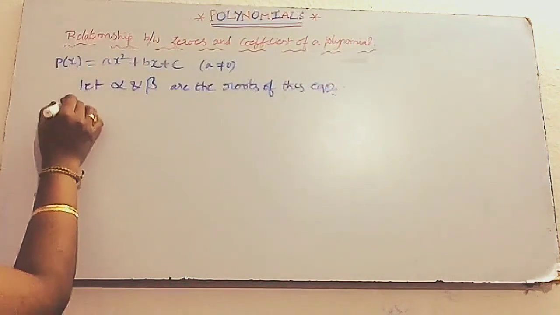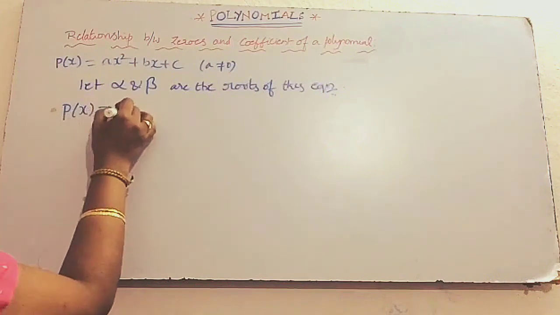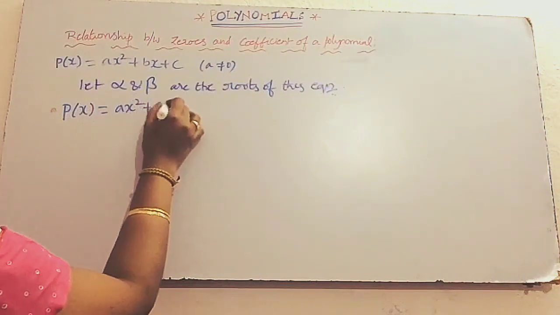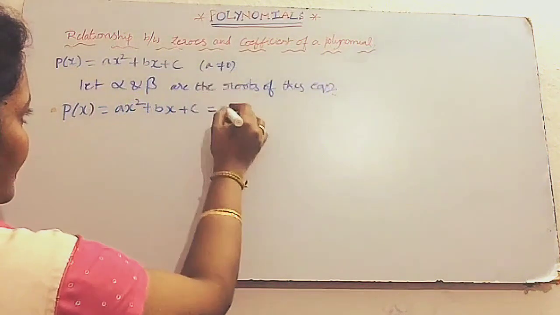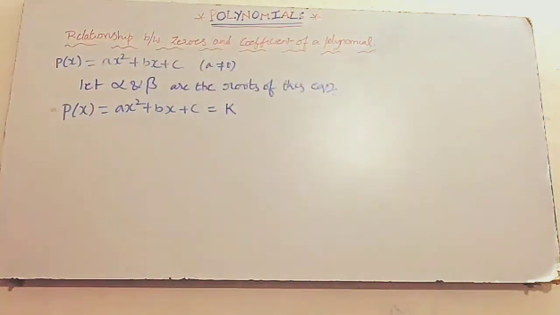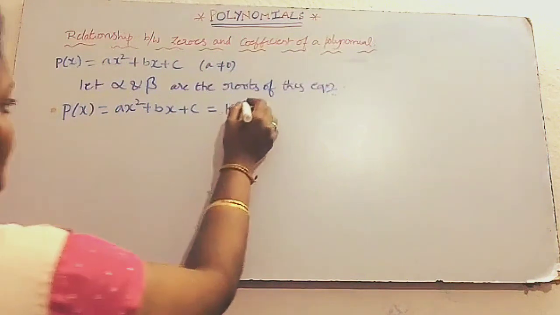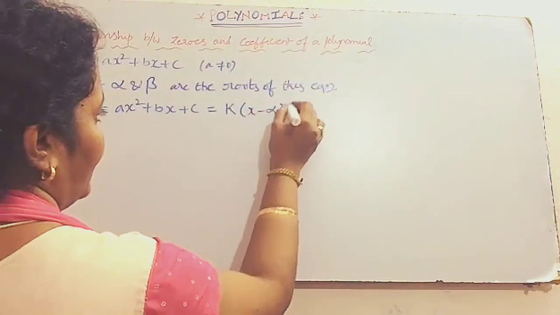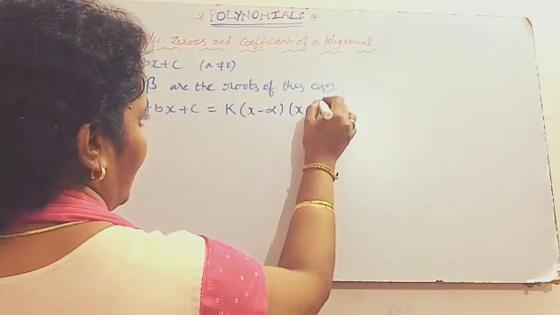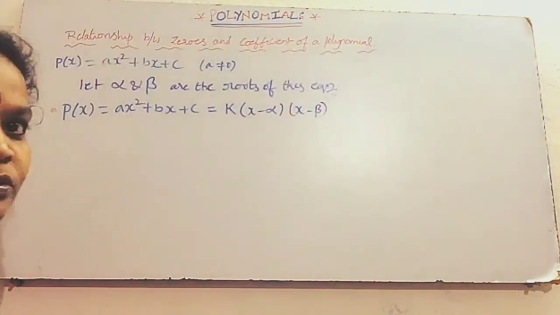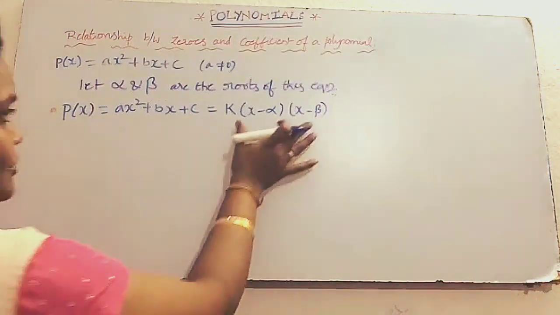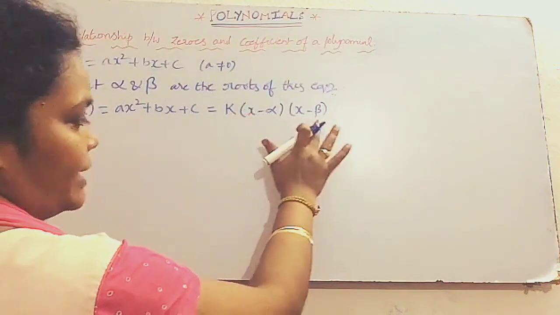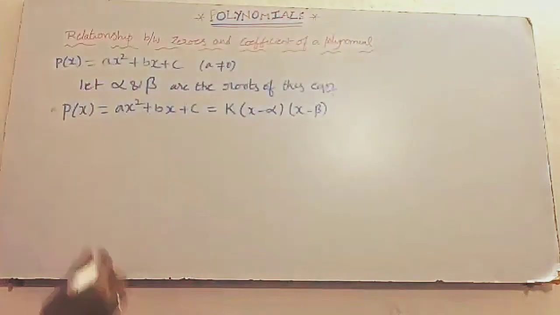So I will take p of x equal to ax square plus bx plus c equal to k into x minus alpha into x minus beta, where k is some constant. Alpha and beta are the roots and zeros of this polynomial. So that's why I will take k into x minus alpha into x minus beta.